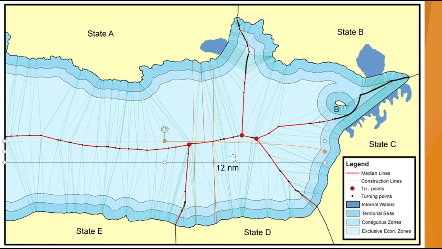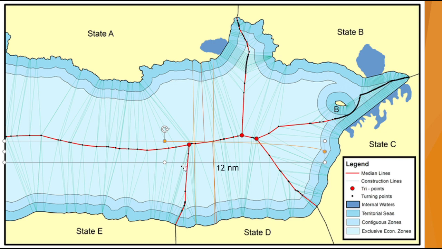So in this way we can say that this draws a median line between opposite states, and this is till where they will extend their territorial sea, or for example contiguous zone, or exclusive economic zone, right? Not infringing upon the right of the opposite state when it overlaps.